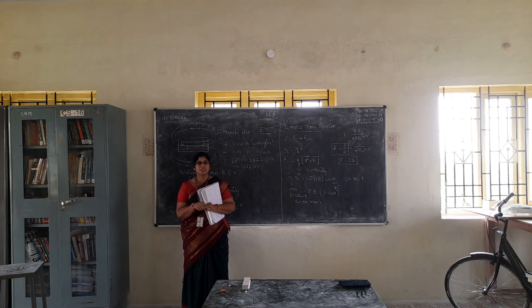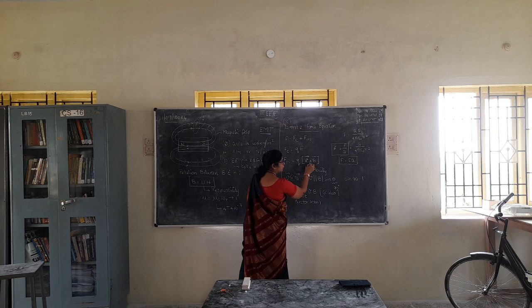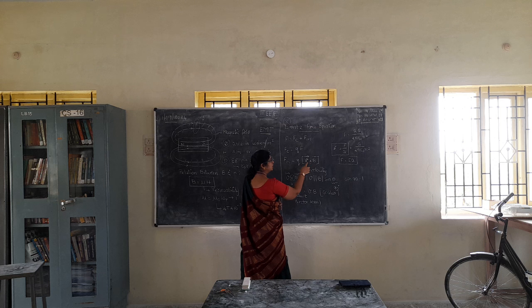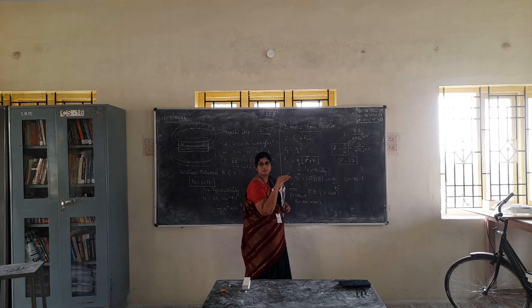Therefore, it should be represented in terms of vector quantity. So to represent a vector quantity, we have to introduce a cross product. So when putting the cross product, we have to consider the direction, and also how fast that charge is moving.